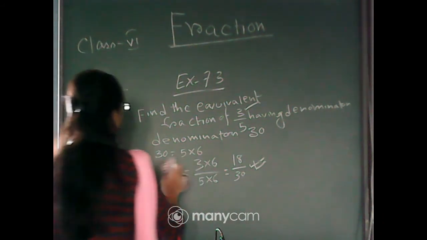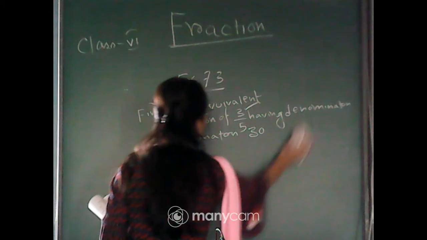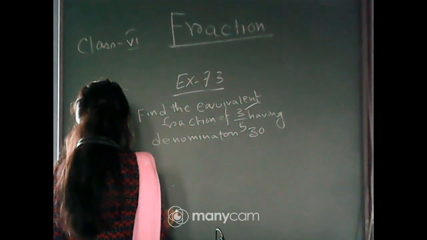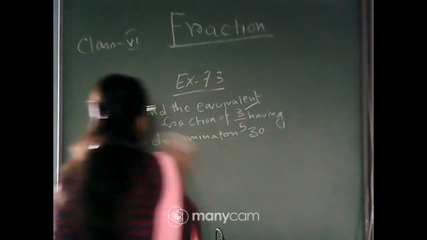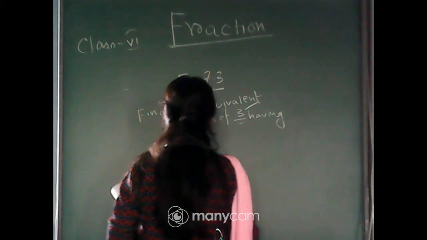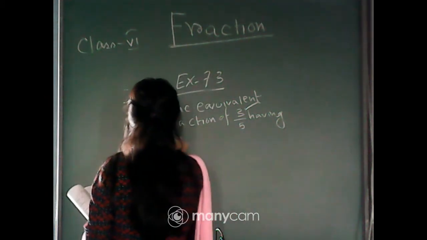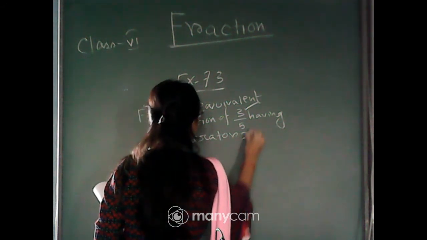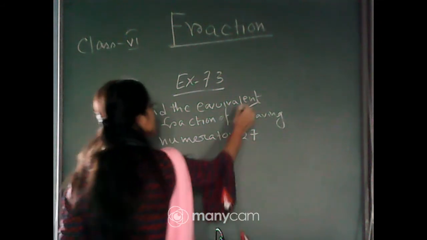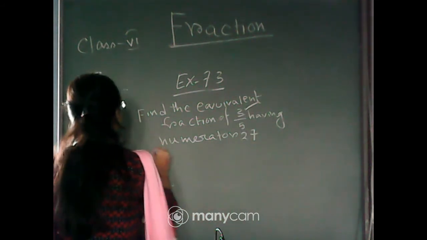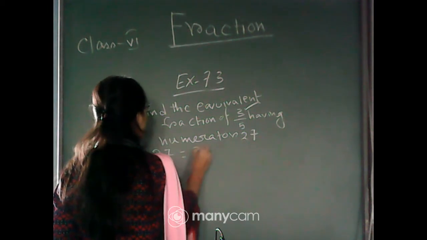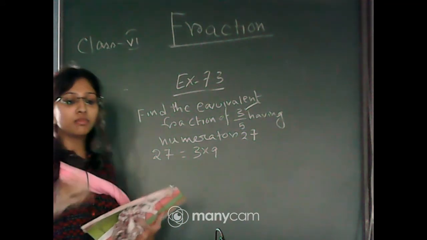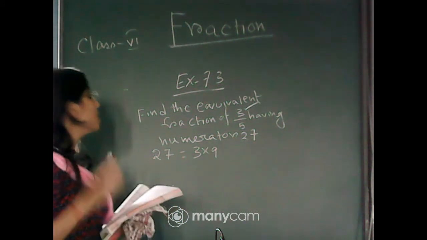And the next question is, find the equivalent fraction of 3/5 having numerator 27. First we observe the numerator and find that 27 is equal to 3 cross 9. Therefore, to find the equivalent fraction, we multiply both the numerator and denominator by 9.